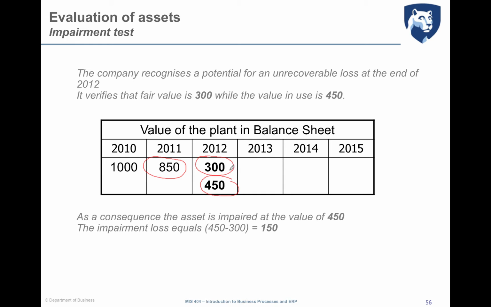This is a problem because my asset is evaluated on the market at 300, while its effective value is 450. This means that these assets will be impaired, and in particular the impairment loss will equal the difference between 450 and 300, so a loss in the income statement of 150.